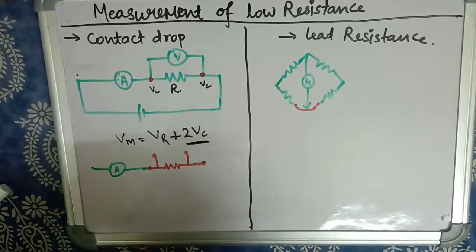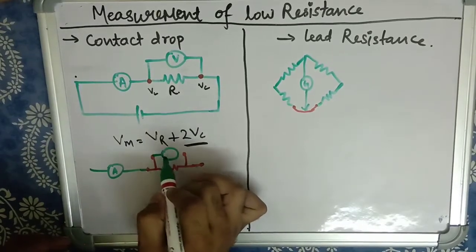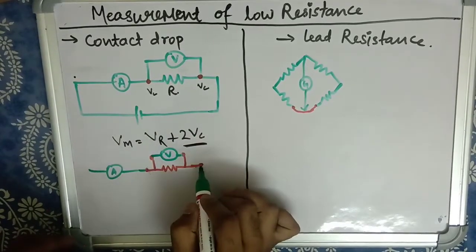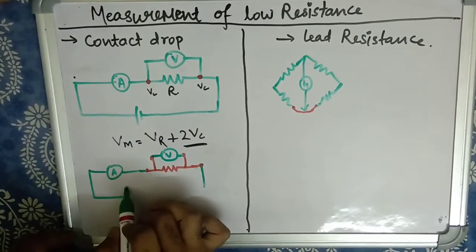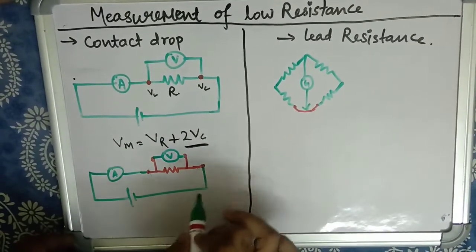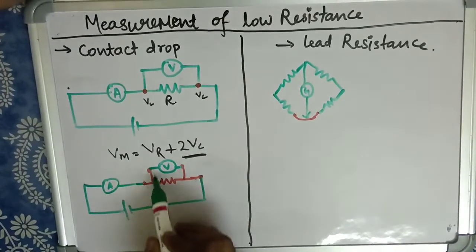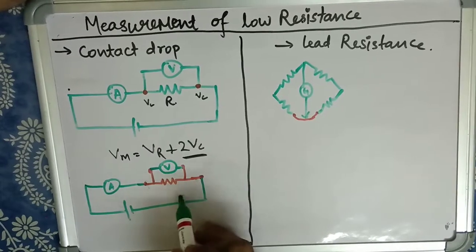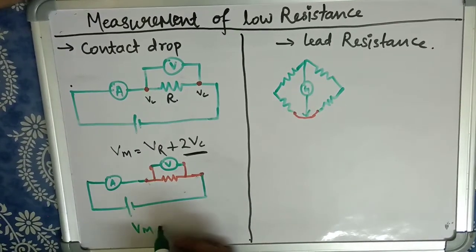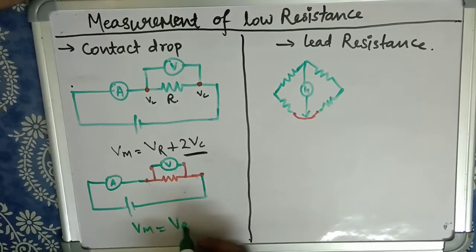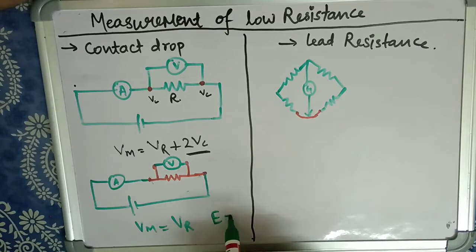This is our resistance, and we connect the voltmeter across this and the battery. The current flows through this and the voltage drop is across the resistance purely. So our measured voltage comes out to be VR, not plus 2 VC. So the error is 0.